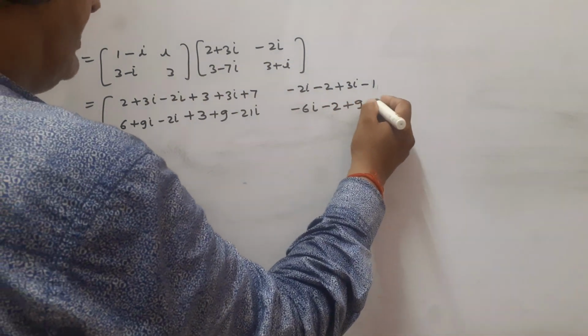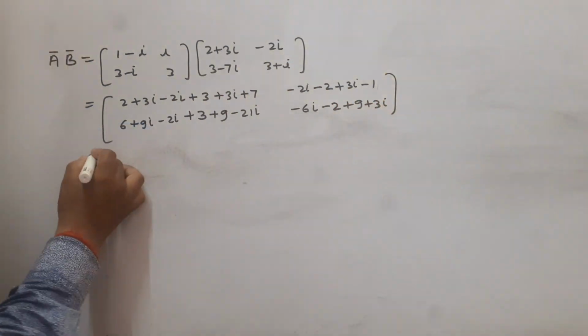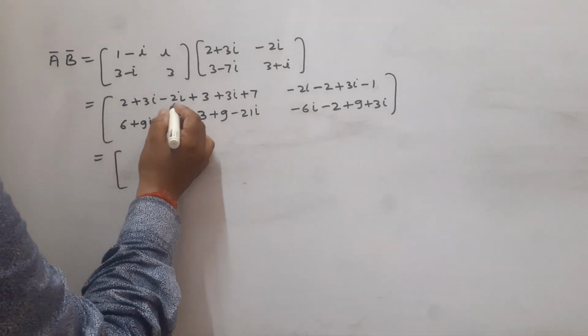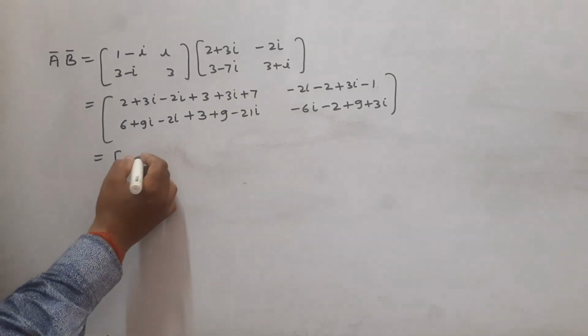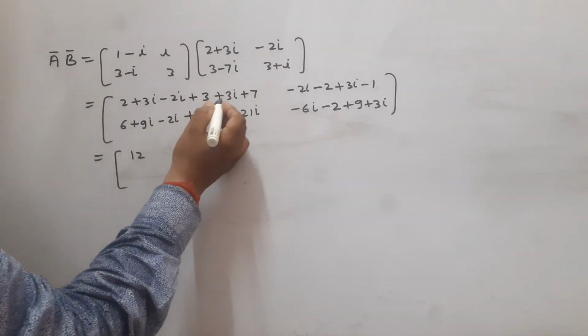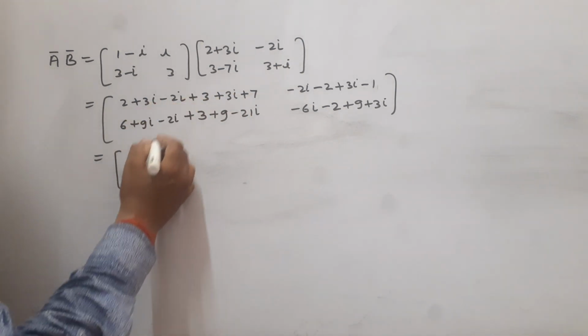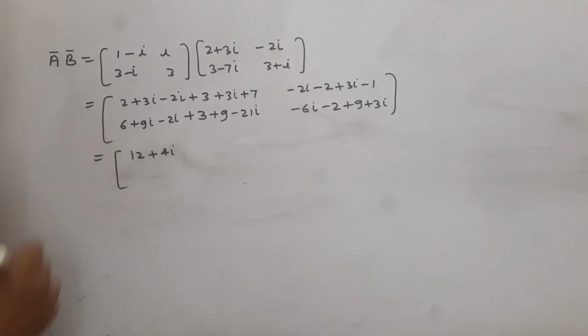Second row multiplied by second column, so this is minus 6i plus, so this is minus 2, and 3 times 3 is 9 plus 3i. Here we can see that 2 plus 3, 5 plus 7, this is 12 here, and this is 3 plus 3, 6i minus 2i, this is 4i here.